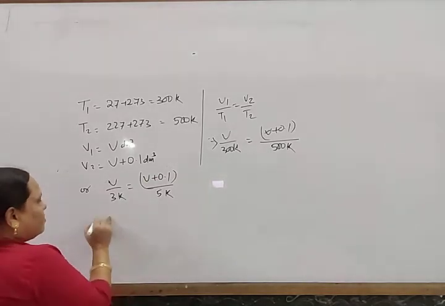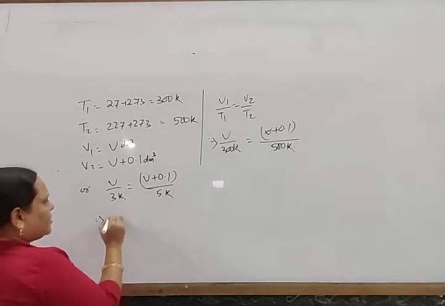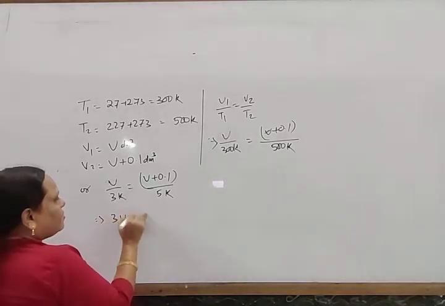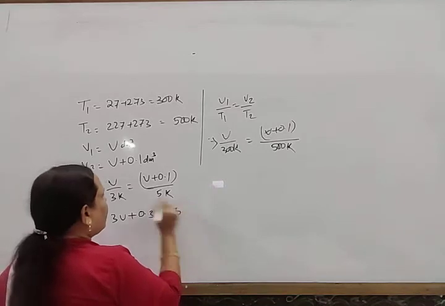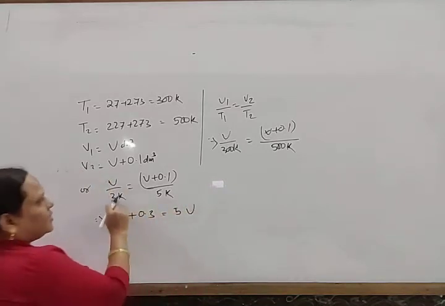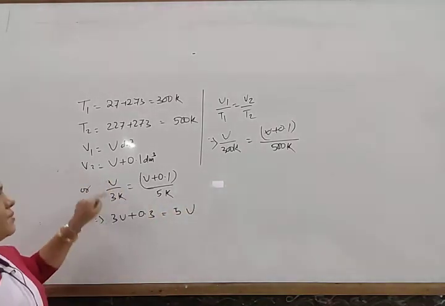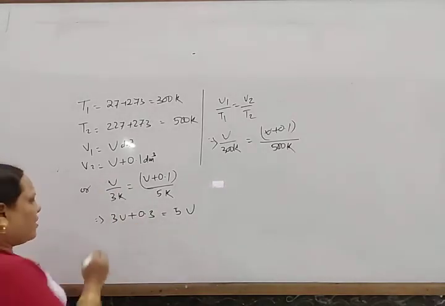Then multiply this. So 3V plus 0.3 equals 5V. So 3 comes here and 5 multiplies: 3V plus 0.3 equals 5V.